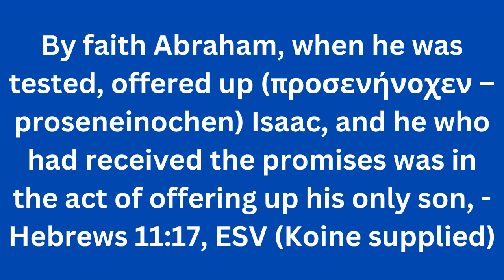It comes from prosphero, which means I carry toward, or I bear forth, right? I bring forth. So he's bringing Isaac forward as a sacrifice, and then was prepared. He put him on the altar. He was prepared to sacrifice Isaac. But again, we would sort of expect an aorist, right?